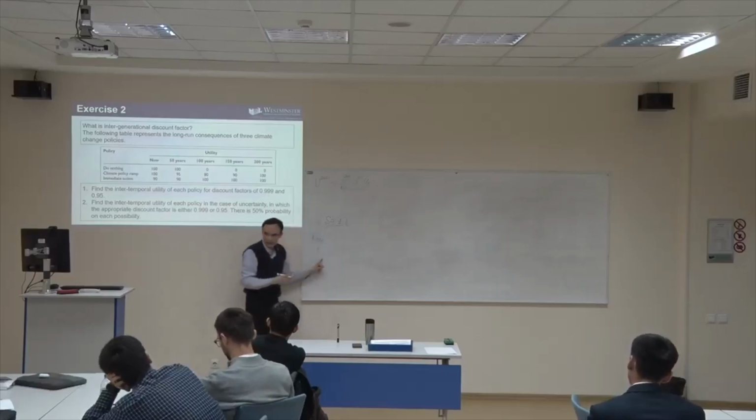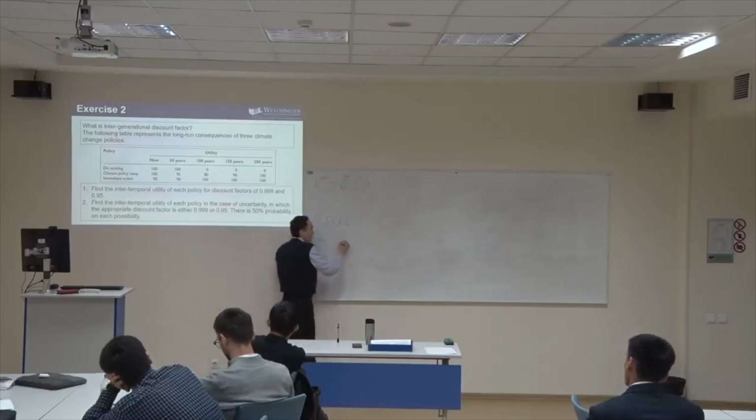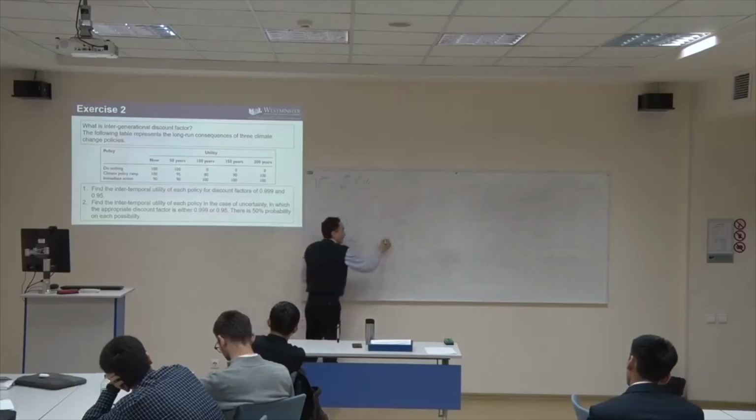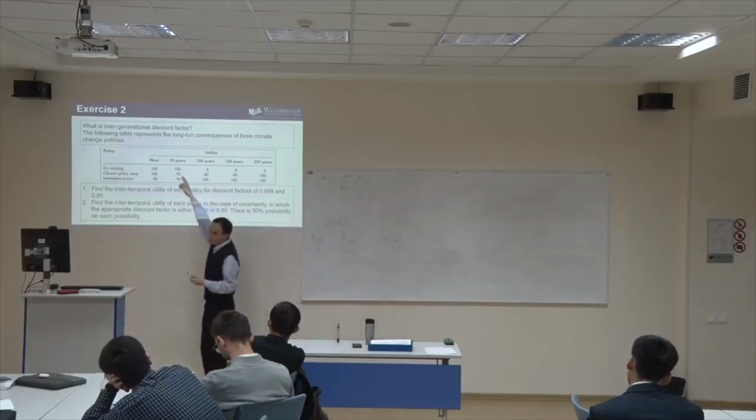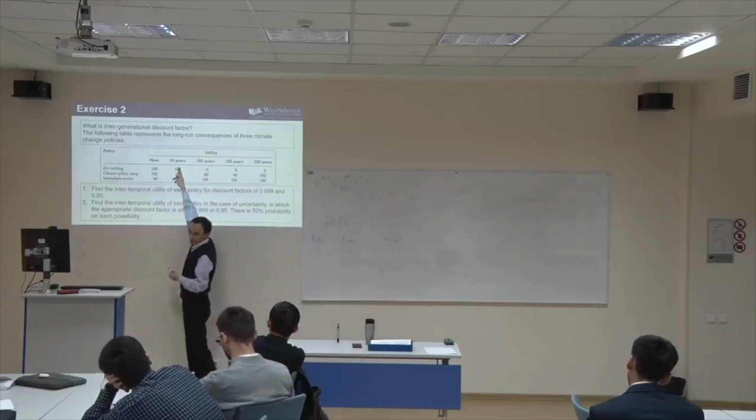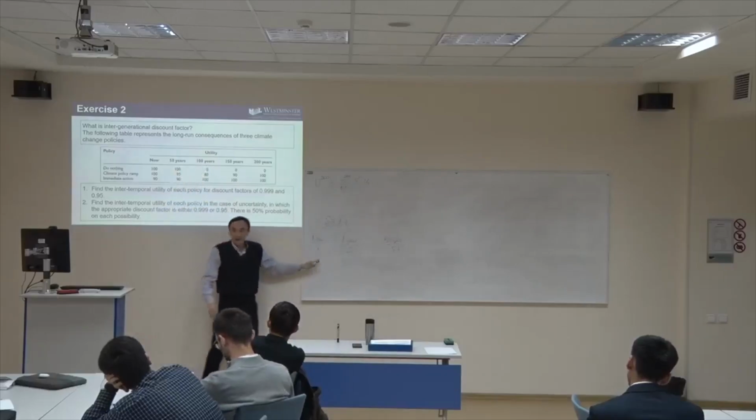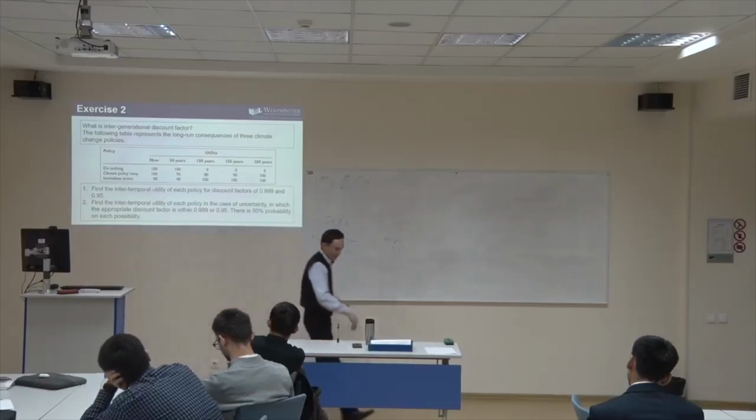One year later is considered period 2. 50 years is considered period 51. 100 is period 101. So don't get confused, because here we have 50 years, it means period 51. 100 means period 101, because the first one is now. Good, I think it's clear.